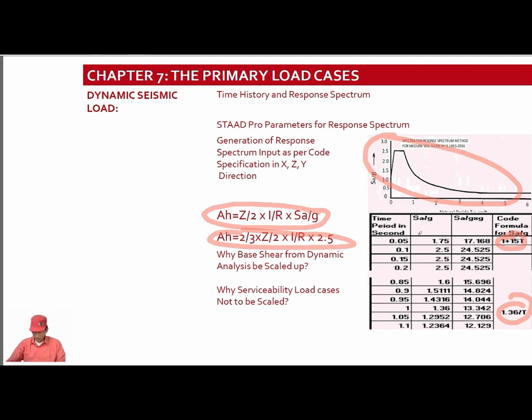So we can calculate the pair for time period 0.5 second, 1 plus 15t, Sa by g. So if we multiply Sa by g by g, we get 17.168. These are the values for medium soil. For other types of soil also we calculate these pairs similarly, and we can supply it to the STAAD Pro input file.